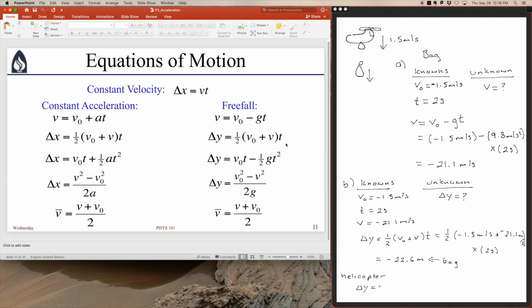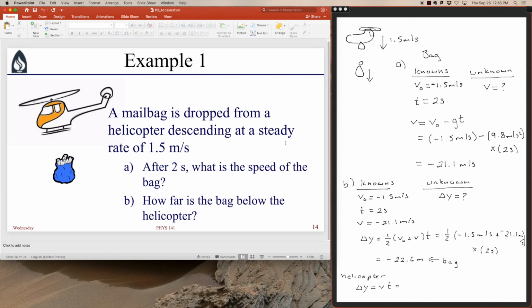Delta y is equal to velocity times time. Now the helicopter is moving downward steadily at 1.5 meters per second. So the velocity of the helicopter is negative 1.5 meters per second. And my time interval is 2 seconds. So during the same time interval, the helicopter moved downward a distance of 3 meters.